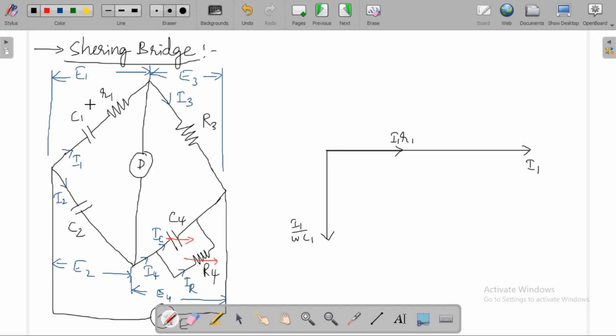Okay, now the phasor sum of voltage across the resistance and voltage across the capacitance gives E1. So this will be E1.